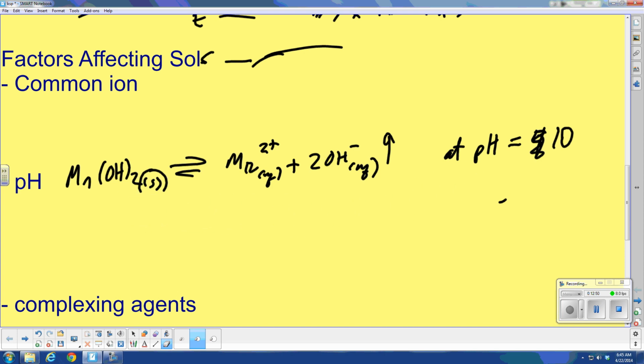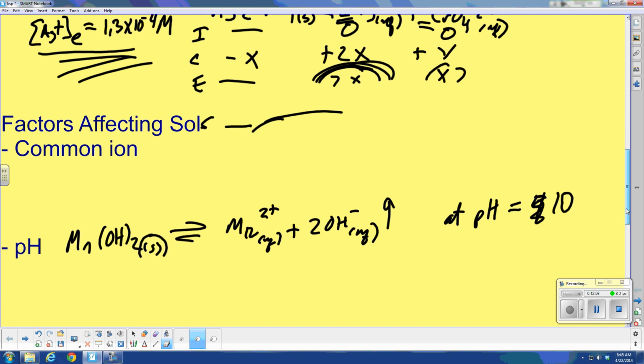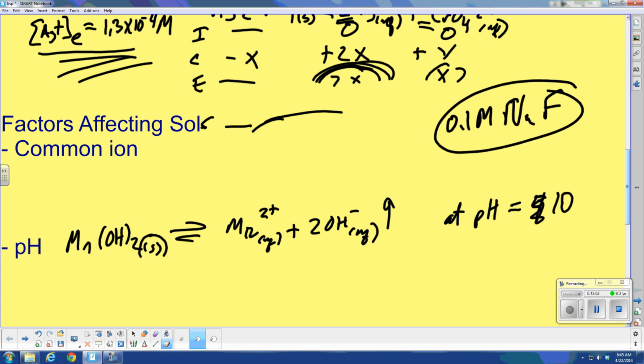approach to this. Here's the big difference. Remember in the last one, I said you had 0.1 molar NaF, and that was an initial concentration for my fluoride. When they give you this pH, they are giving you an equilibrium concentration.